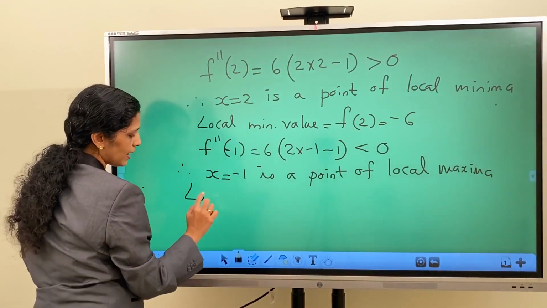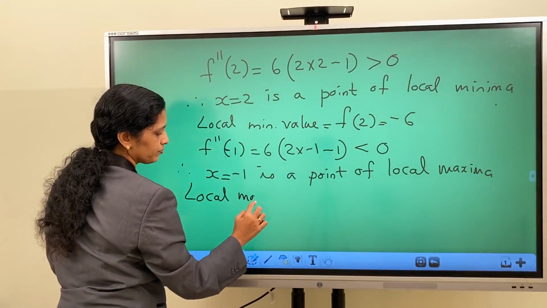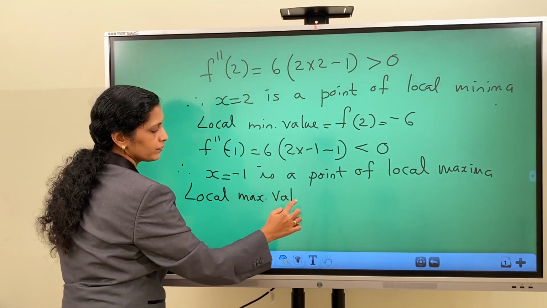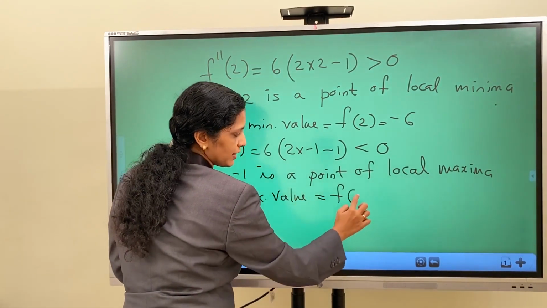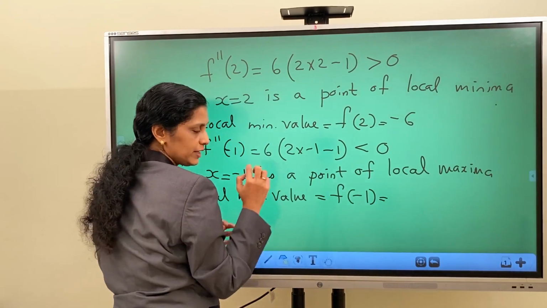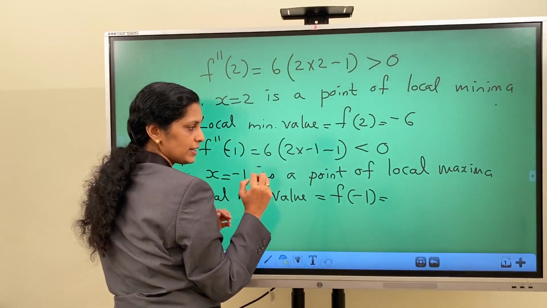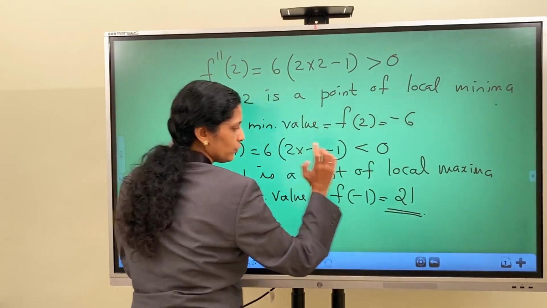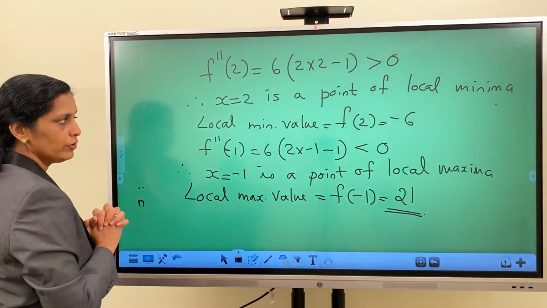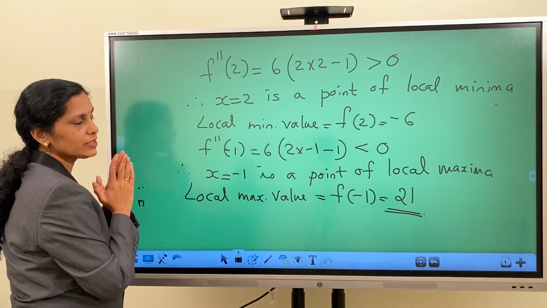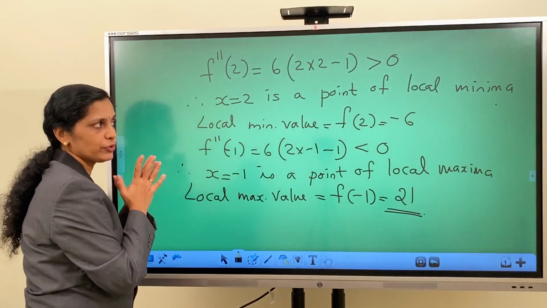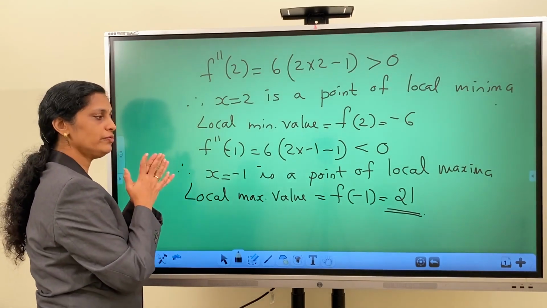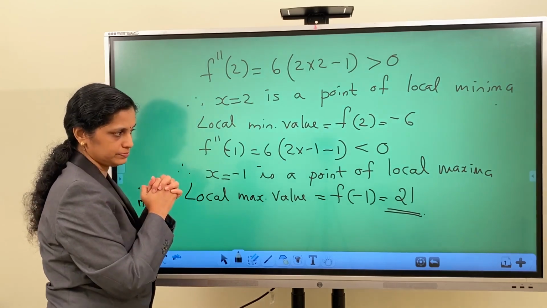And the local maximum value is equal to f of minus 1. In the function, substitute for x the value minus 1, and you can verify that its value is 21. Now, using the second derivative test, we got the point of local maxima and point of local minimum.